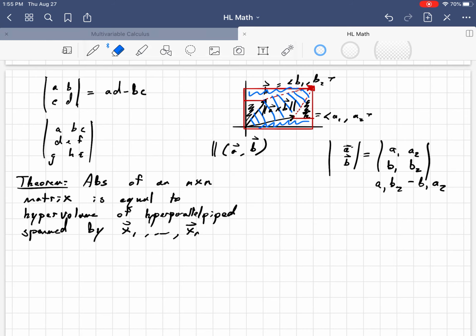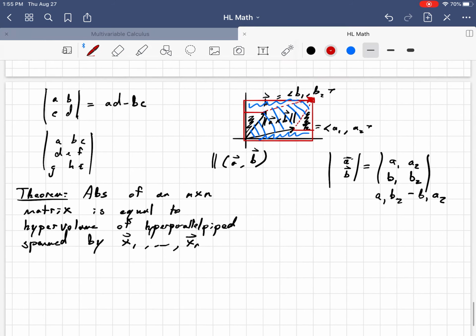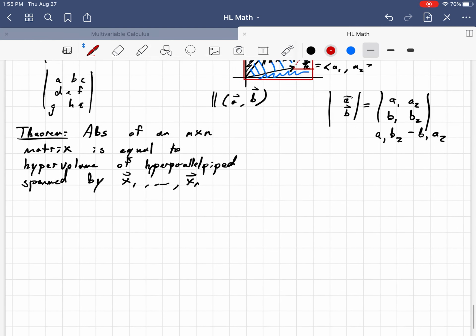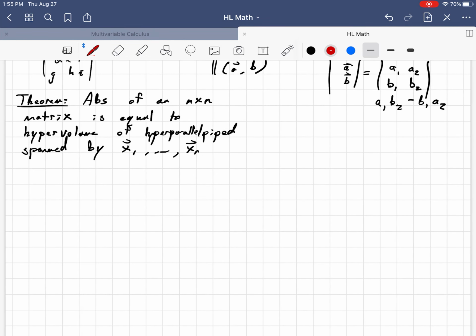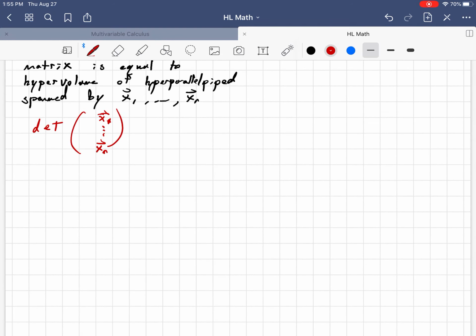Okay. And so, in general, it takes n vectors to span an n-dimensional parallelepiped in n space. So, in other words, if we have the determinant of the matrix made up of the row vectors, say, x sub 1 down to x sub n, right? That's just a compact way of writing it, because I don't want to write all the n scalar entries for all of the n vectors.